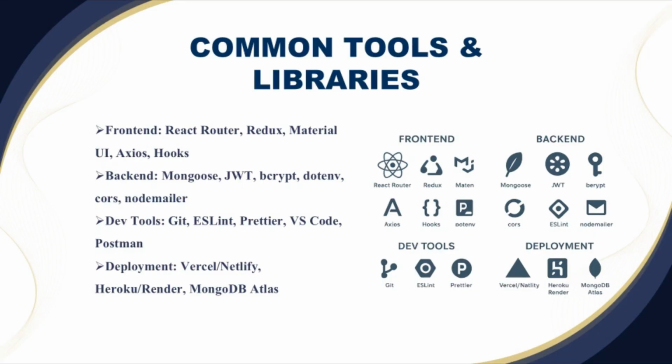For development, tools like Git, ESLint, Prettier, VS Code, and Postman help keep the code clean and workflow smooth. And for deployment, platforms like Vercel, Netlify, Heroku, Render, and MongoDB Atlas make it easy to take your app live.